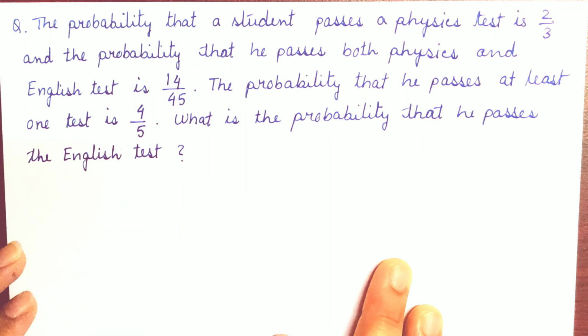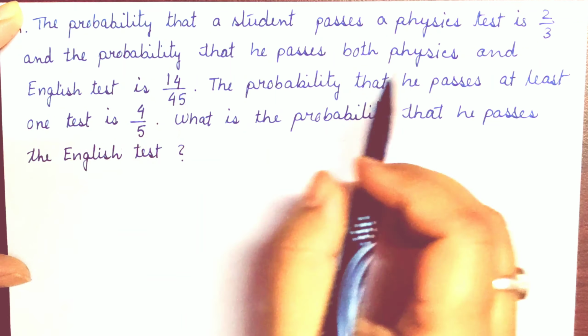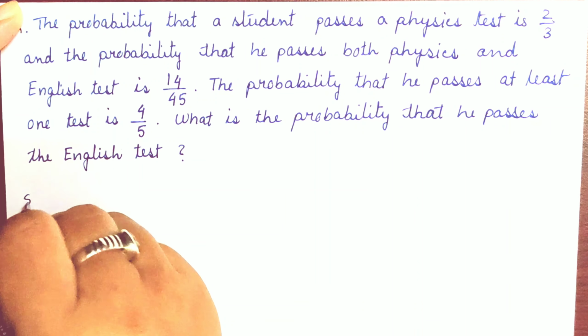The probability that a student passes a physics test is 2 by 3 and that he passes both physics and English is 14 by 45.